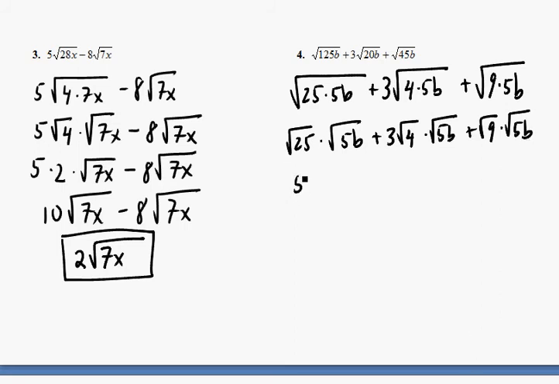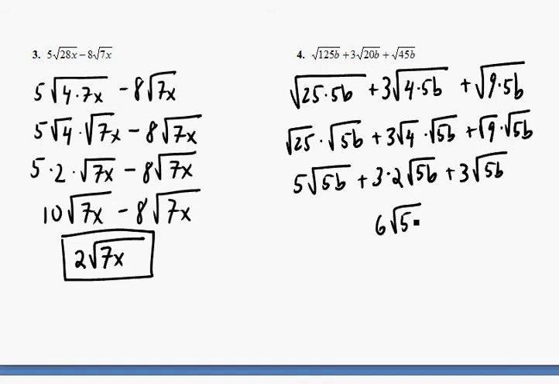Then we have 5 times the square root of 5b plus 3 times 2 times the square root of 5b plus 3 times the square root of 5b. Now in the next step, I'll just combine the 3 times 2, which gives us 6. So we have 6 times the square root of 5b, and we still have 3 times the square root of 5b, and 5 times the square root of 5b.